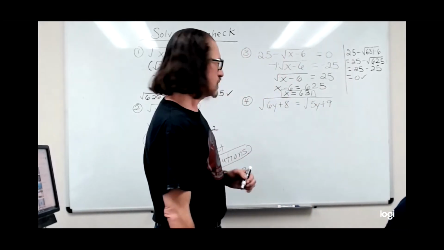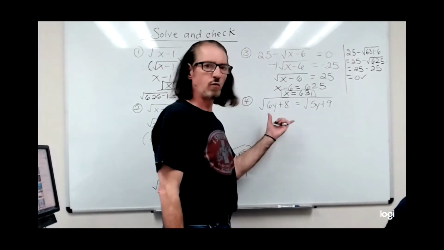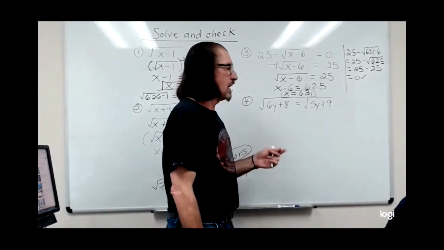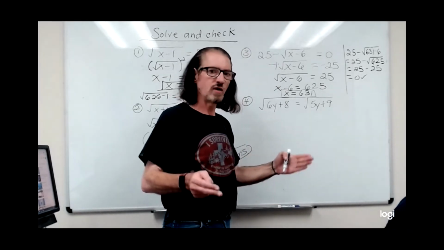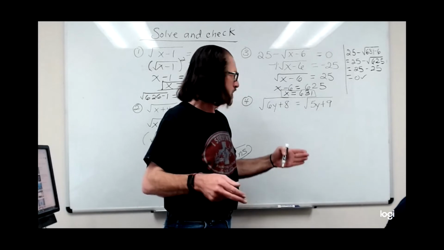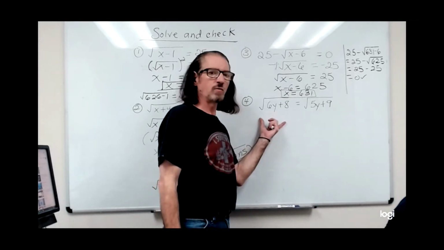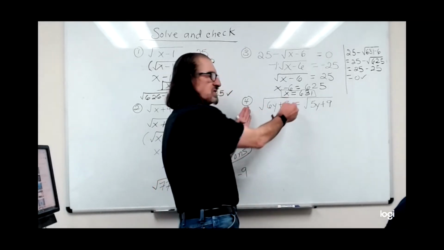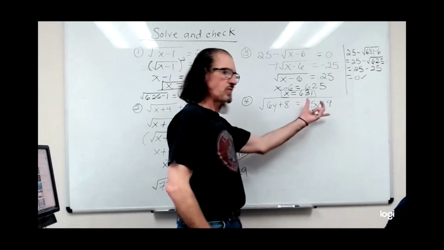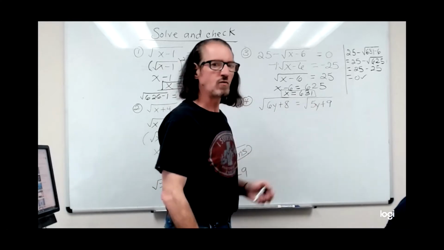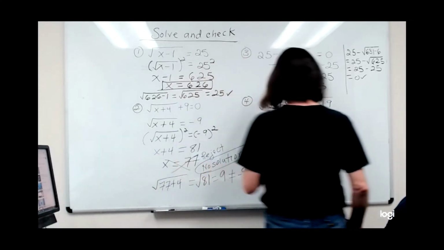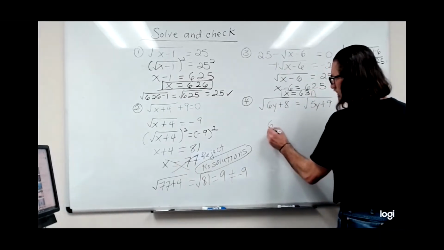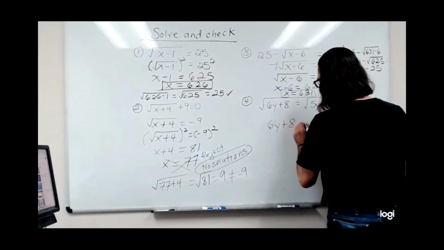On this fourth one, we have 2 square roots. However, both of them are isolated, so that's still a good thing. There's nothing added or subtracted or multiplied outside of that root. Same thing goes with this one. So we can square both sides right away. And that's going to cancel out the square root on each side.